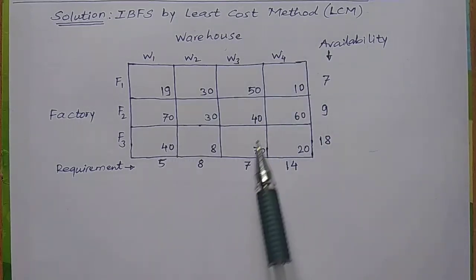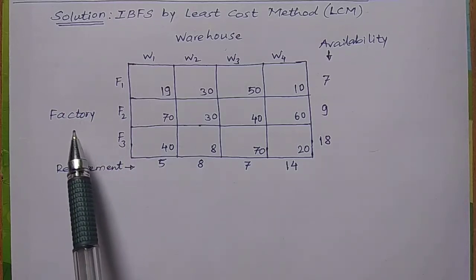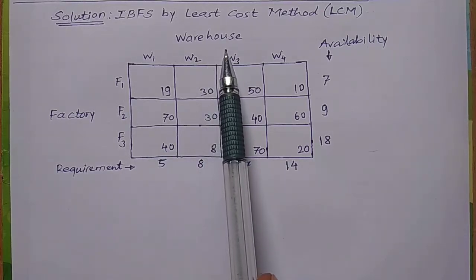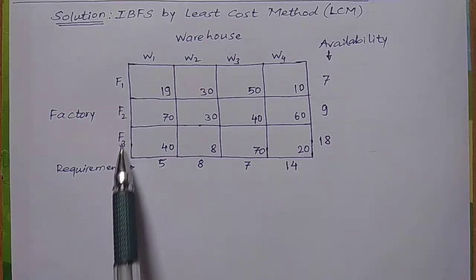Now this is a given problem. In this problem, we are given locations as factories and destinations as warehouses. There are three factories F1, F2, F3.